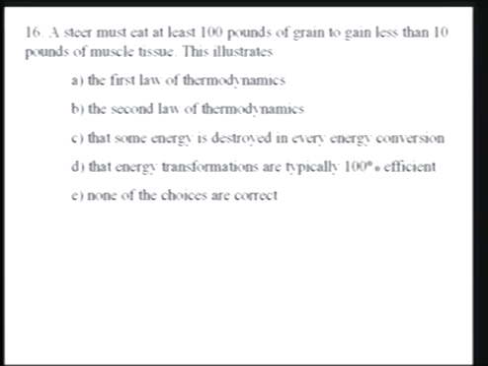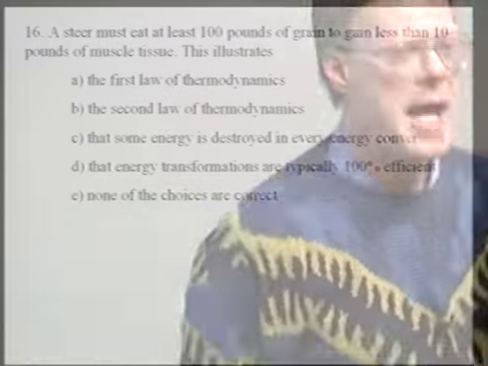B and C are possibilities. C is incorrect, though. The reason is because it says some energy is destroyed. The first law of thermodynamics says you don't destroy energy, you just change its form. Okay? It may be unusable energy, but it's still energy. It's still there. All right? So the answer here is the second law of thermodynamics. Energy conversions are inefficient, and some of that energy is lost as heat.